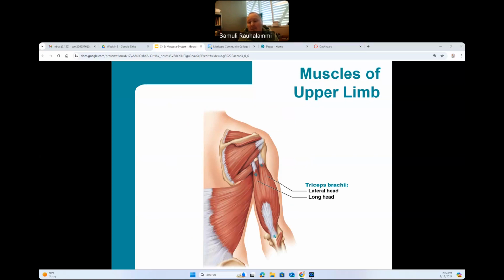And from those, they run to the olecranon of the ulna. And the function of the triceps brachii muscle is really to extend the forearm. And notice again that it's the posterior side that's responsible for extending.